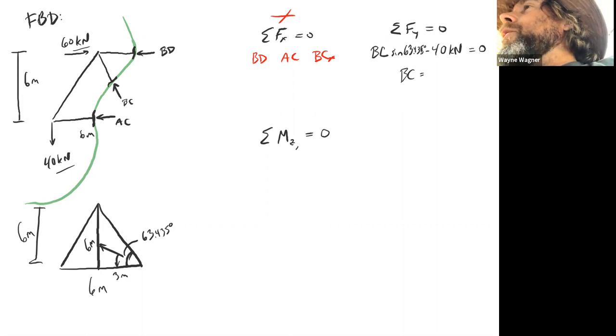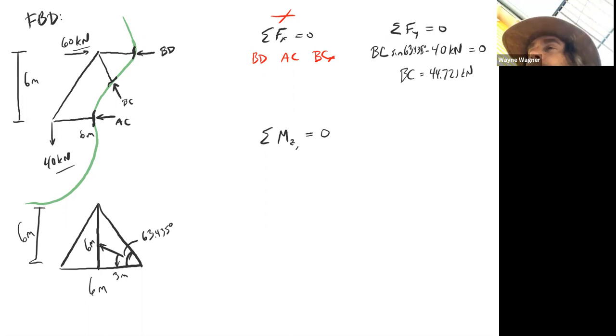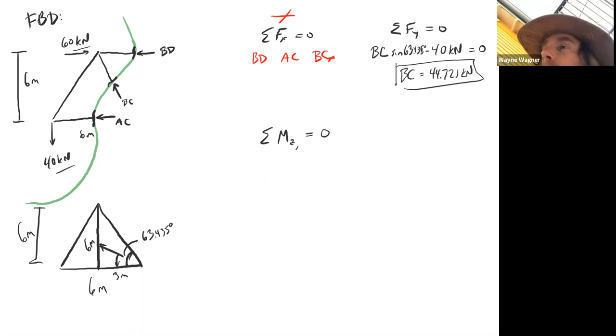So that's 44.721 kilonewtons. Notice we had the right sign on it, so it turns out it's in compression. So the final answer would be 44.7 kilonewtons compressive, because it's pushing.